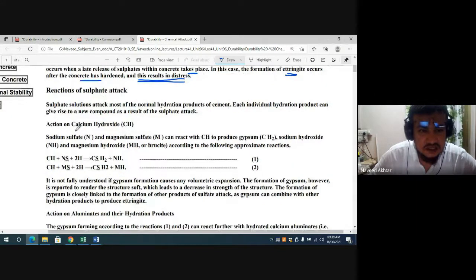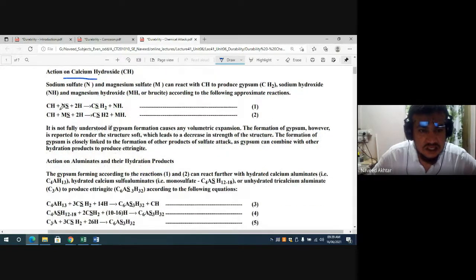These are the reactions of the sulfate attack. You can see the action on the calcium hydroxide: CH plus NS̄H10 gives C S̄H2 plus NH. Sodium sulfate is denoted by N, magnesium sulfate is denoted by M, and they can react with the CH, calcium hydroxide, to produce gypsum, along with sodium hydroxide NH and magnesium hydroxide MH, according to the following approximate reactions.